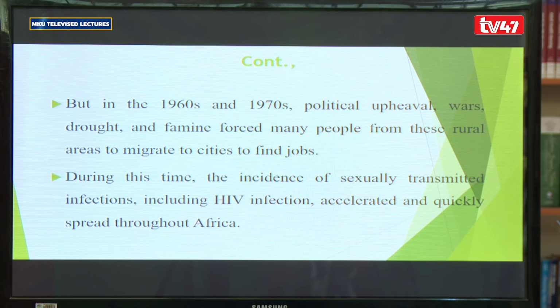In the 1960s and 70s, we had wars, drought, famine, and industrialization, so people moved from rural areas to the cities searching for employment. In the process, many people engaged in sexual behaviors like prostitution, maybe looking for money and so forth. And that led to the spread of HIV.